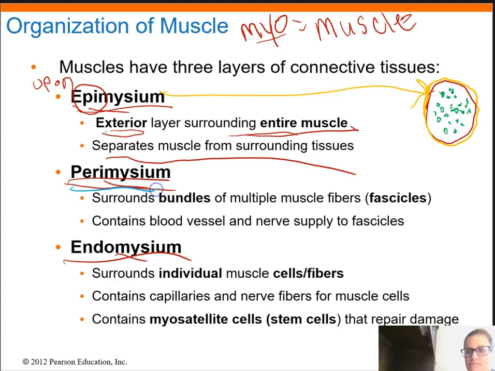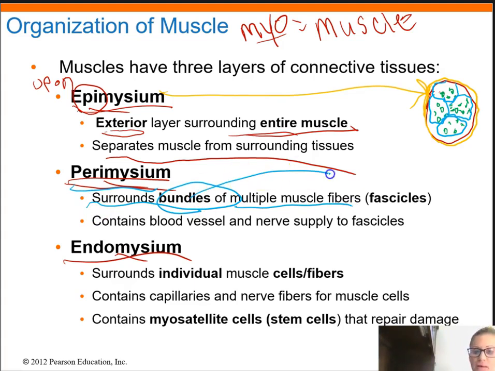The perimysium, I said, goes into this muscle, and what it does is it surrounds bundles of muscle cells or bundles of muscle fibers. So it kind of groups the muscle up into groups of cells. A bundle of muscle fibers is called a fascicle.